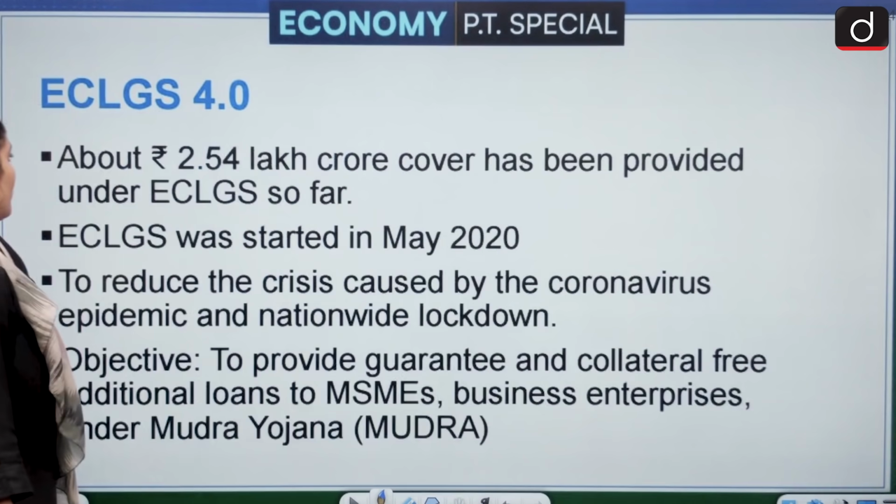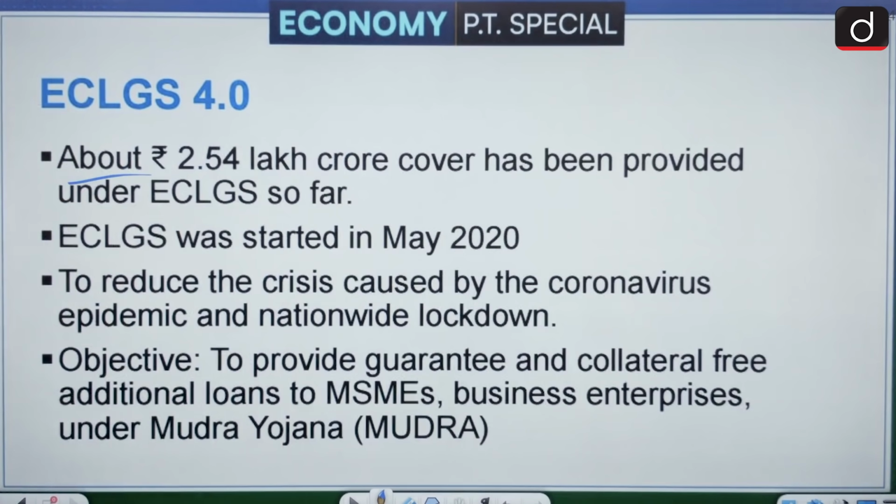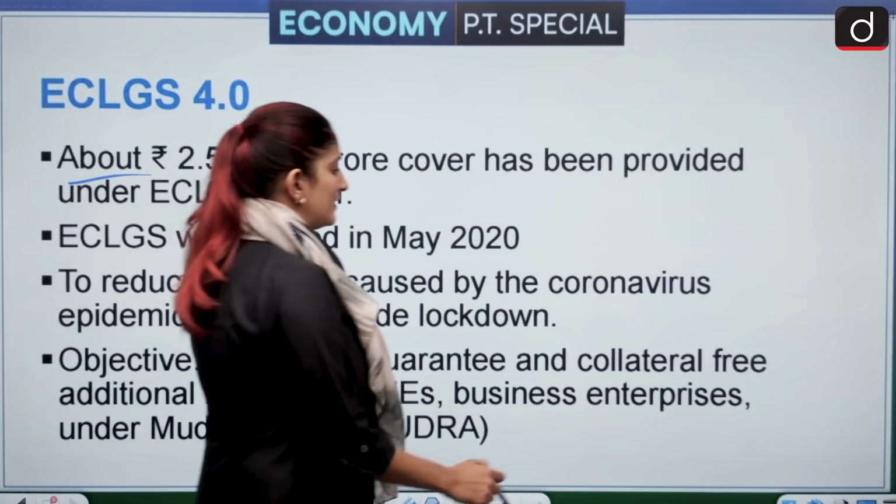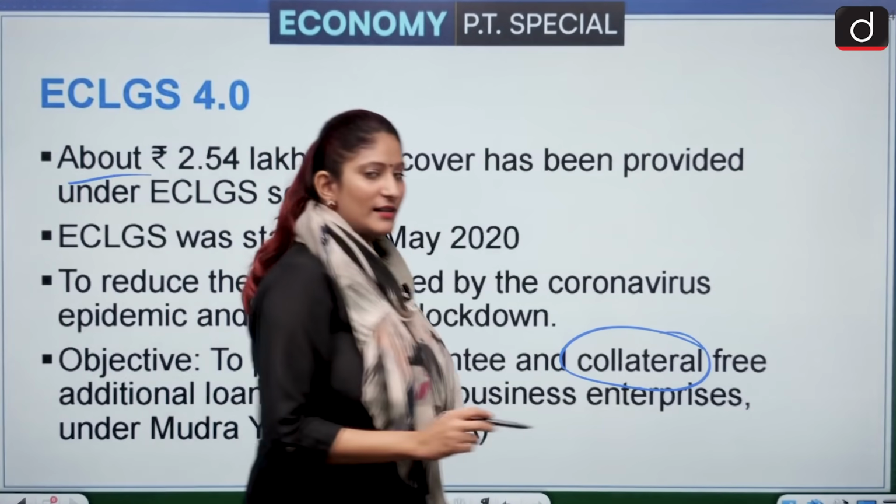Okay, moving forward, about rupees 2.54 lakh crore cover has been provided under ECLGS so far, which was started in the year 2020 in the month of May. Now, to reduce the crises caused by the COVID pandemic and nationwide lockdown, this has been done because the objective is to provide guarantee and collateral free. That means no guarantee from the loan taker is needed.